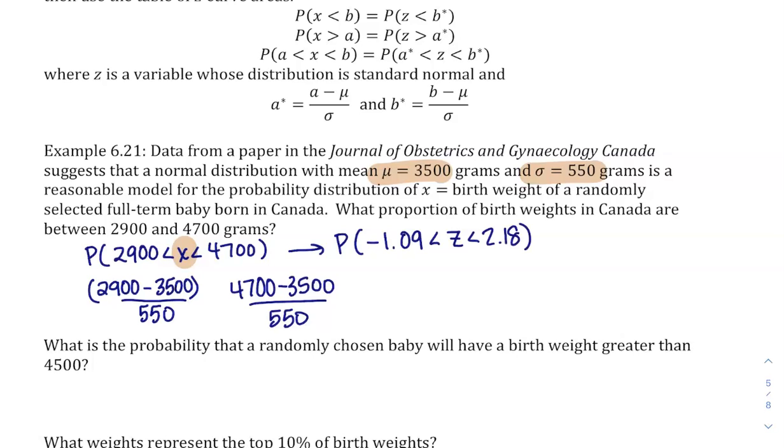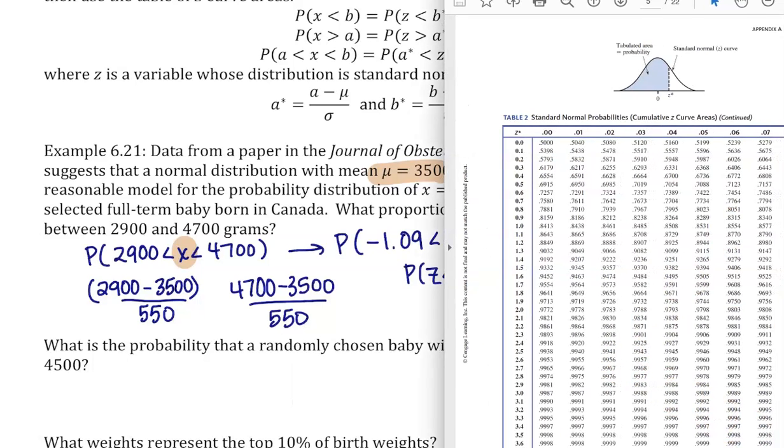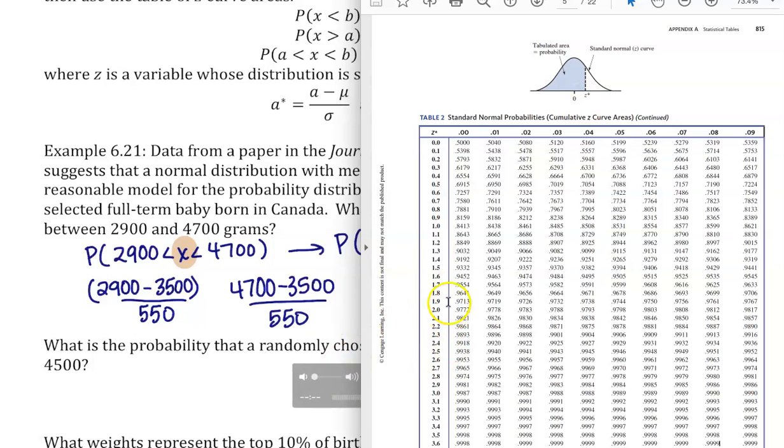What's the probability that z is between negative 1.09 and 2.18? To do this, we calculate the larger, then we subtract the smaller, and 2.18 on the table, we're going back to where we just read the table normally. 2.18 is over here at 0.9854.